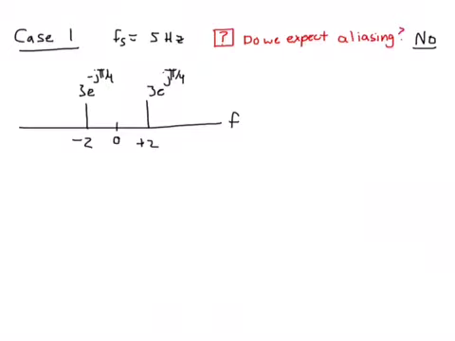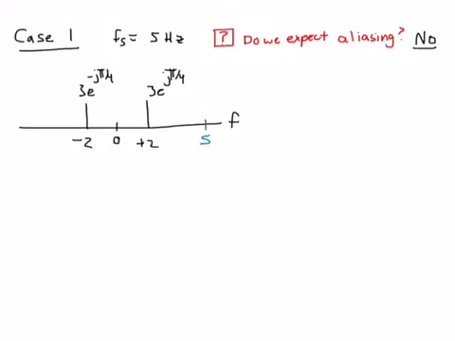But remember, what happens when we do sampling is that we create copies of this particular spectrum along this axis, and those copies are located at integer multiples of the sample frequency. So I'm going to sketch the copy that goes at the sample frequency, which is 5 hertz in this case, so we get a copy of this spectrum centered around 5.